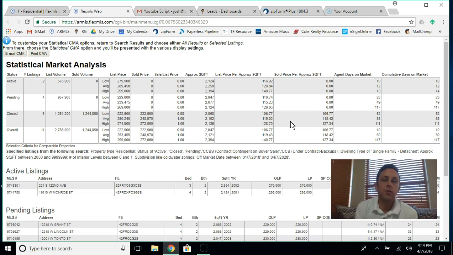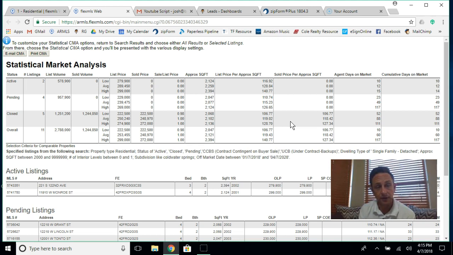So there's several different ways to look at a CMA. The first thing we want to do is look at the active. This is your current competition. Is it a good deal or a bad deal? Are there a lot of listings? Are there only a couple listings? Where does the home you're looking at fall in line with those?